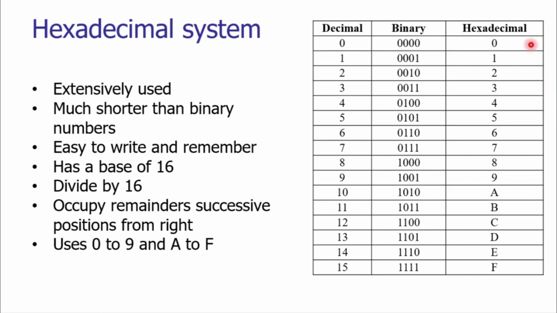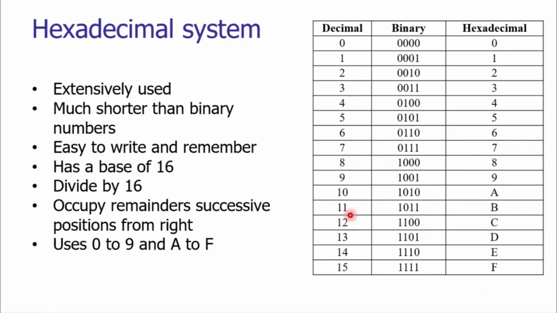Now in hexadecimal system, we are representing 0 as 0, 1 as 1, 10 as A, 11 as B, because after 9 we have to represent it.